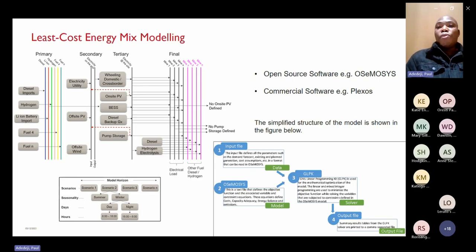So that plugs into a least cost energy mix model. We have the commercial ones, we have the open source ones, but most times we use the open source ones because you want a participatory strategic energy planning process in which the municipality is part of the project, they own the project.